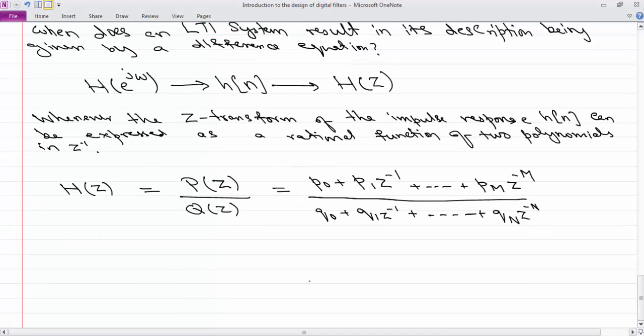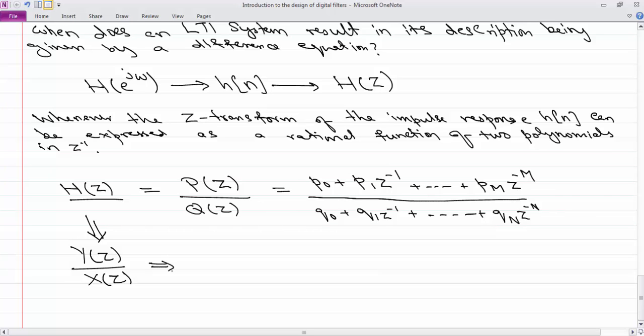Why should that be true? Well, remember that H(z) in the Z domain for an LTI system is equal to Y(z) over X(z). So you are saying Y(z) over X(z) is this fraction. So you cross multiply, right?